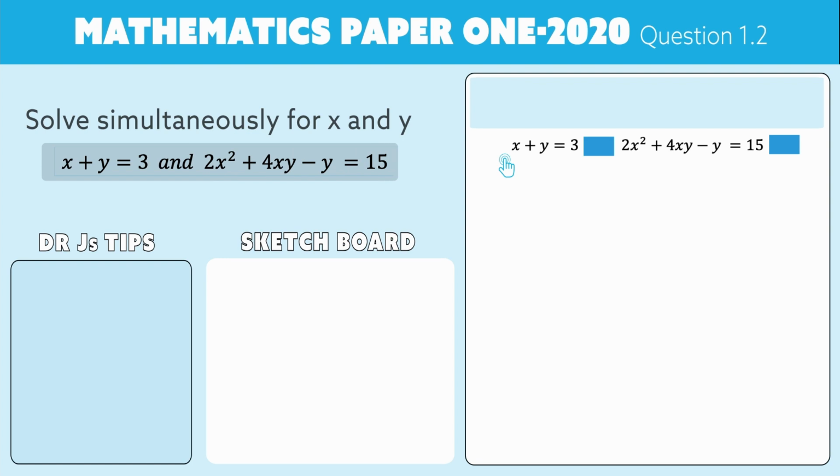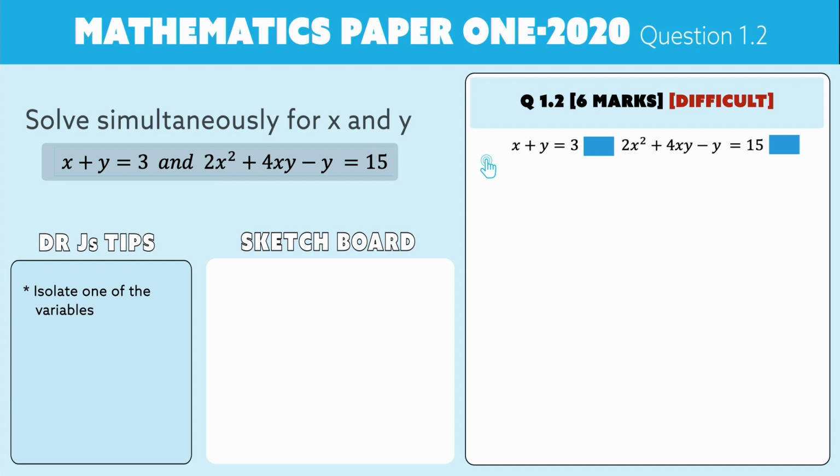Okay, folks, so let's put down some tips for you to consider when you get a question that looks like this. First of all, you have a linear component over here. So the first thing you want to do is isolate one of the variables. You must check very carefully which one you isolate.